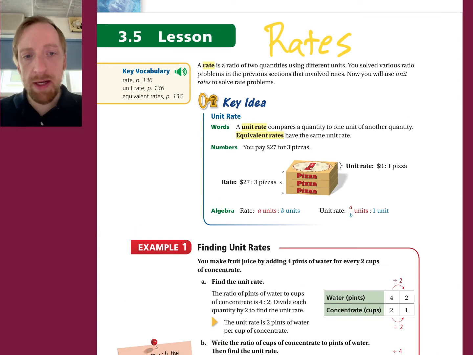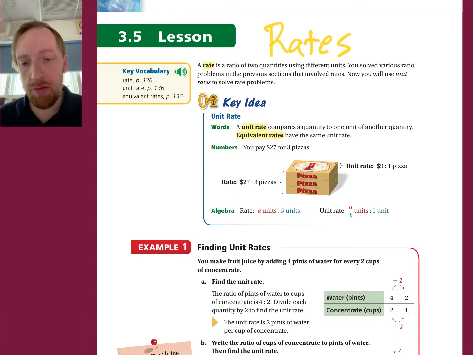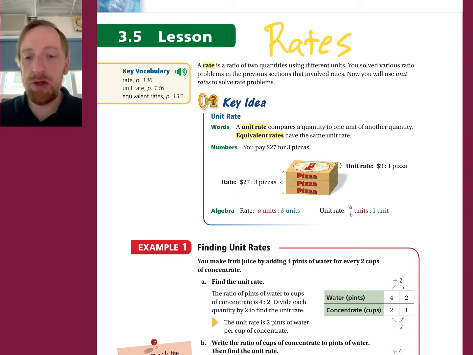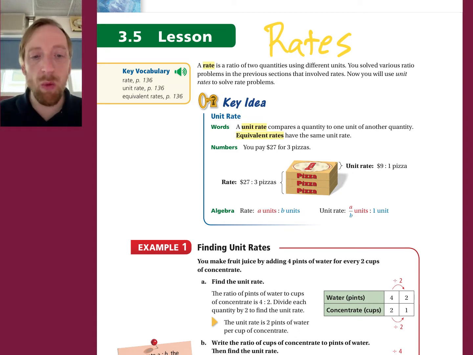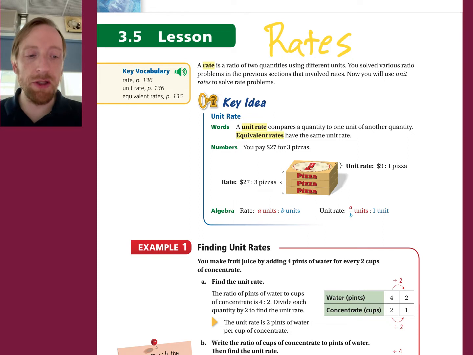A rate is similar to a ratio, except it involves units. So let's say that I have a ratio 3 to 5. This ratio doesn't involve units, because a unit is telling us what the numbers mean. When I just say 3 to 5, I don't know what 3 is referring to.